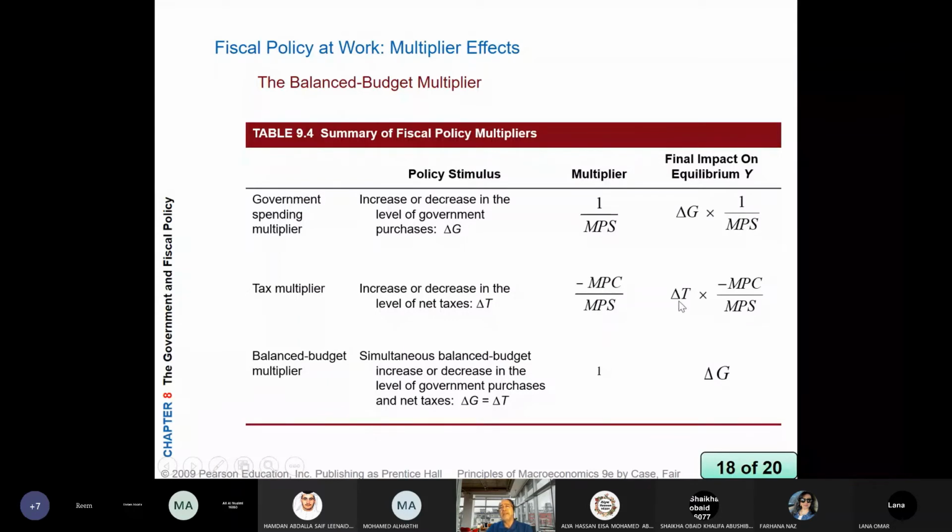If there is an increase in taxes, delta Y equals the increase in taxes times the tax multiplier. Don't forget the minus sign. If there is an increase in government spending and taxes in the same magnitude simultaneously, delta Y equals delta G times 1.